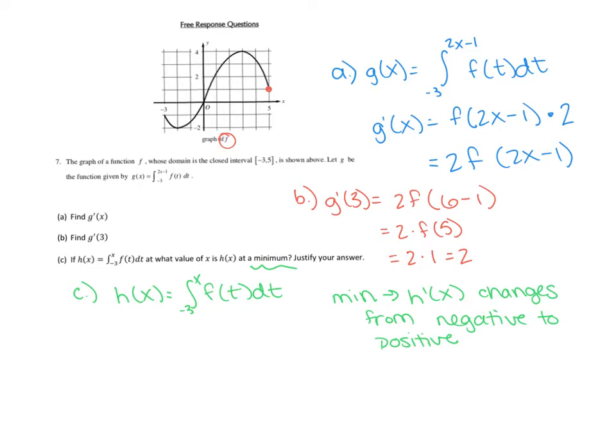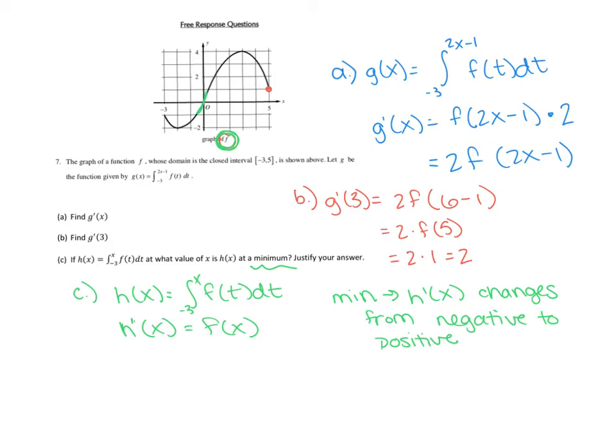So if we know that h is the integral of f, then we know that the derivative of h is f. What that means, if we have the graph of f, like I said before, is that we're looking at the derivative. So where does this graph pass from negative to positive?